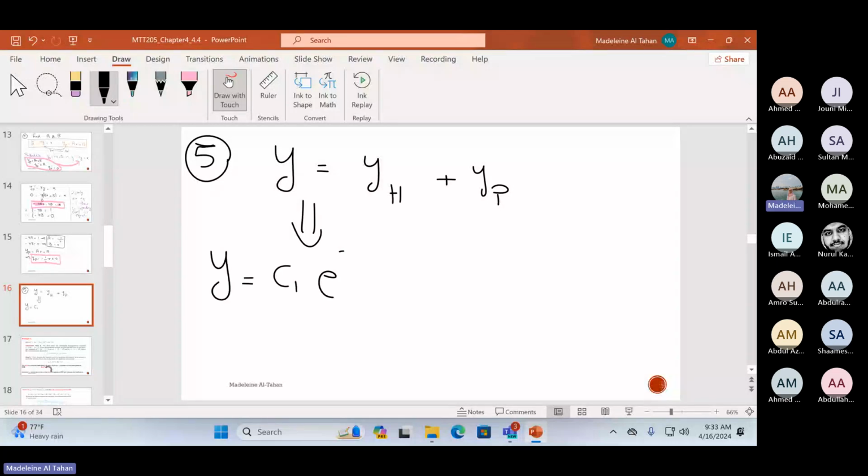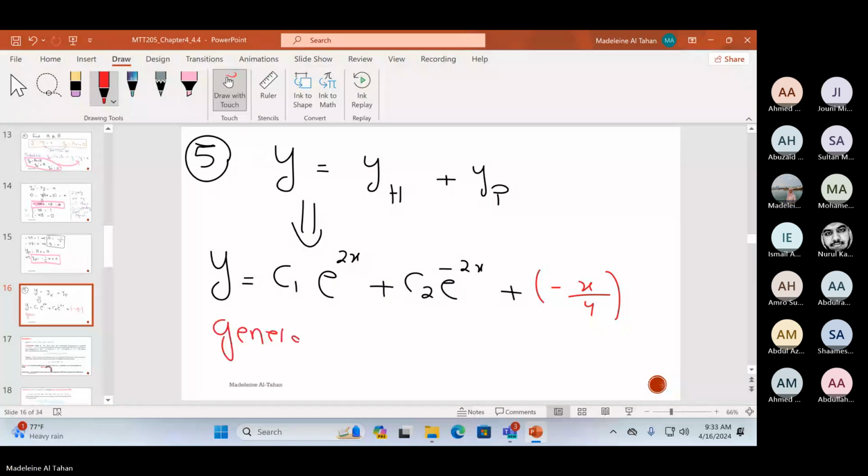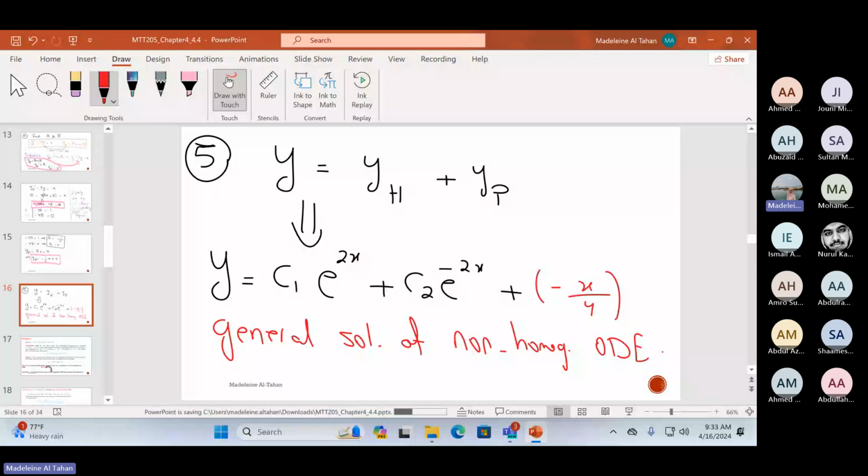The solution of the homogeneous one, c1 e^(2x) plus c2 e^(-x), and YP we found as negative x over 4. This is the general solution of the non-homogeneous equation. Do we need to find C1 and C2? No. Okay, perfect. Do we have any questions, miss?